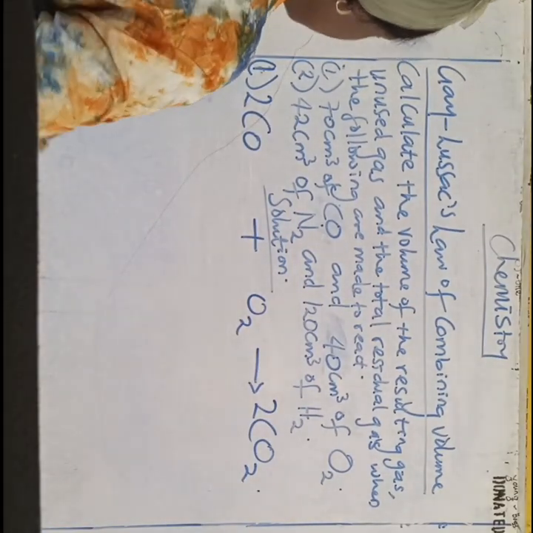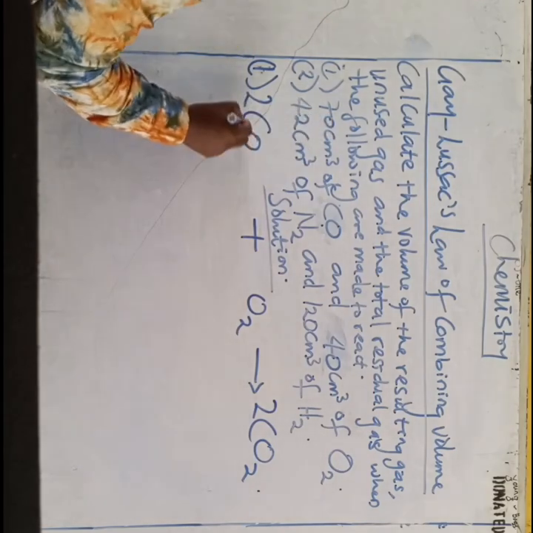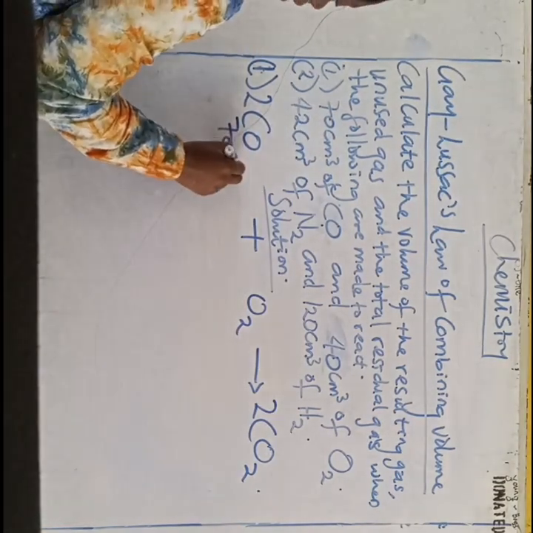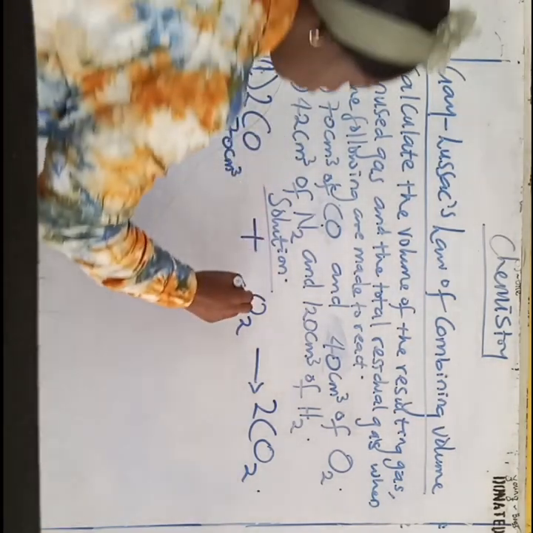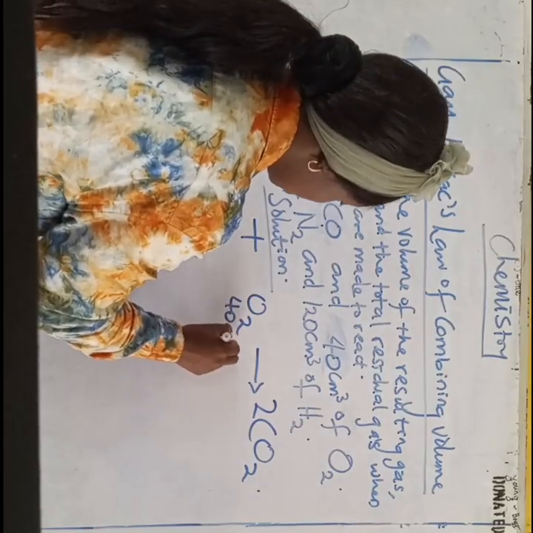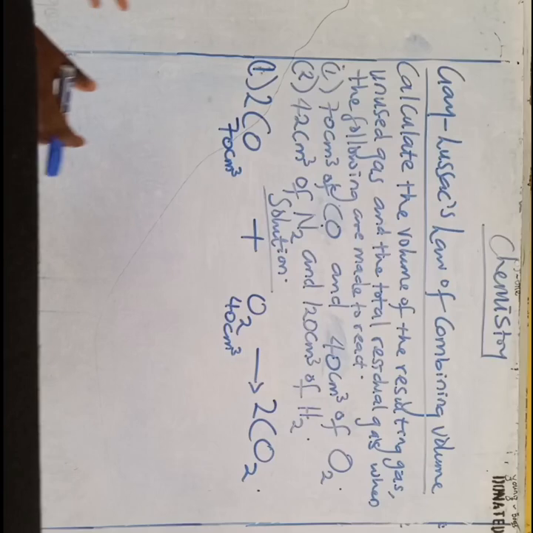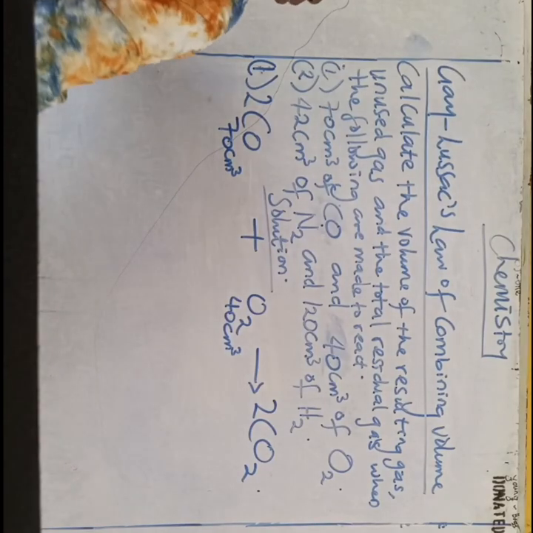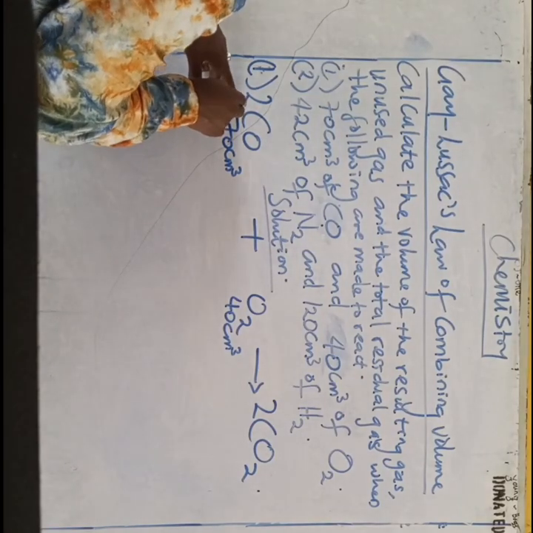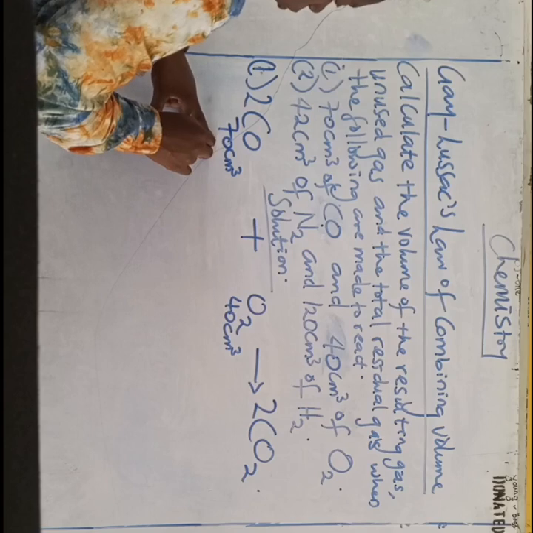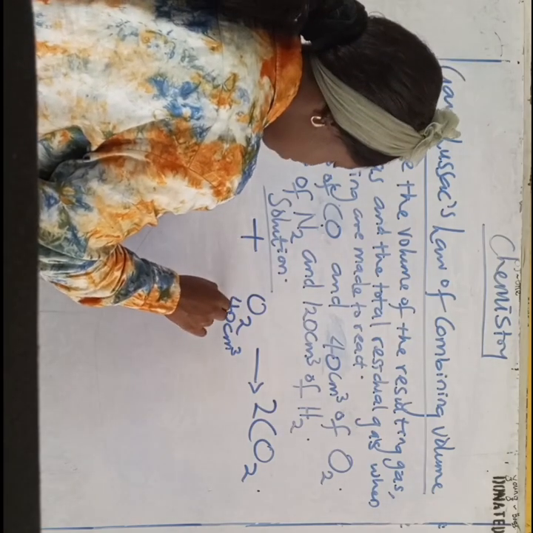So that balances my reaction. Okay, so now what are the volumes that were given? 70 cm³ was given here. 40 cm³ was also given here. So what's the volume of the resulting gas? 2 moles here is representing 70 cm³, while 1 mole is representing 40.